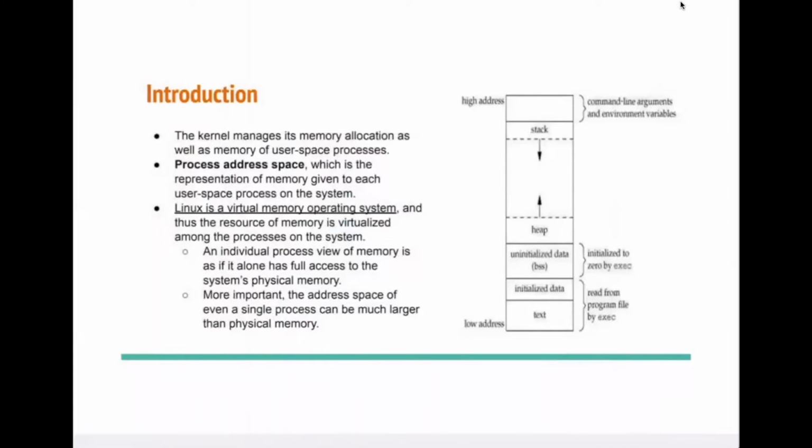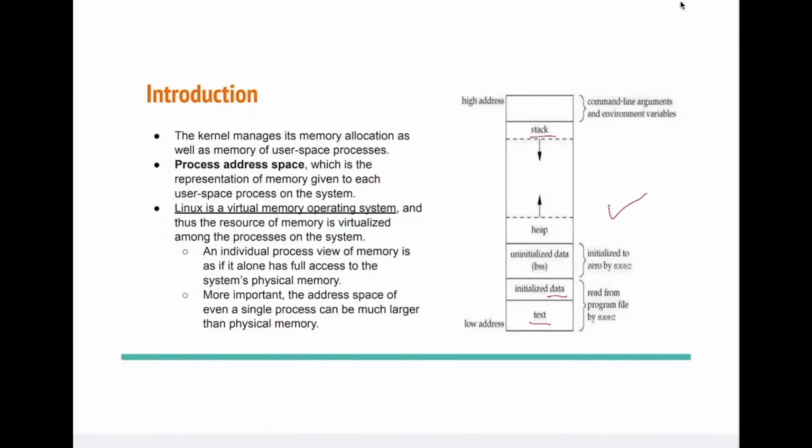So as we know, when we build a process or compile a program, this is the memory structure of that program. It has different sections like text section, data section, and stack.